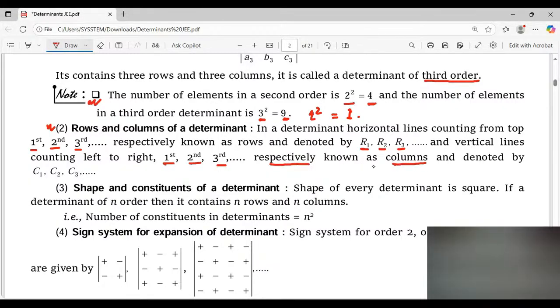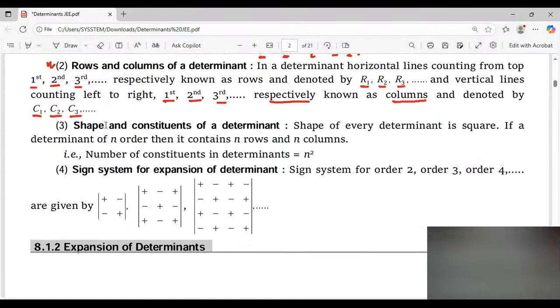So vertical lines are the columns and the horizontal lines are the rows. Rows are generally counted from top to bottom, and columns are generally counted from left to right, and denoted by C1, C2, C3. Hope that there is no problem to understand up to this step.